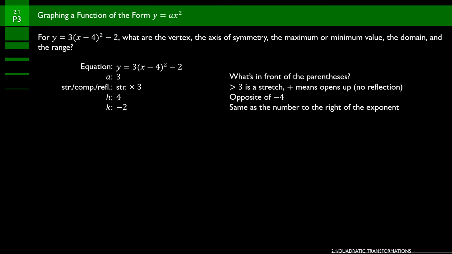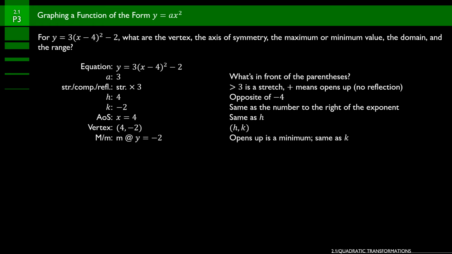Our axis of symmetry is simply x equals the h value. So that means x equals 4. The vertex we already know from the equation. It's the h value followed by the k value. So we get (4, -2) as our vertex. And remember to always write your vertex as an ordered pair. The next thing we look at is the maximum or minimum value.